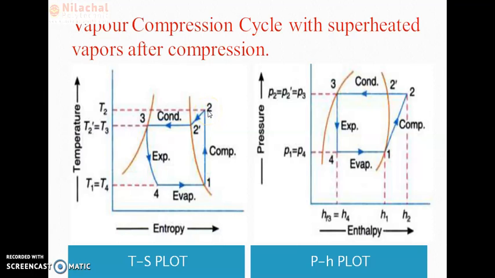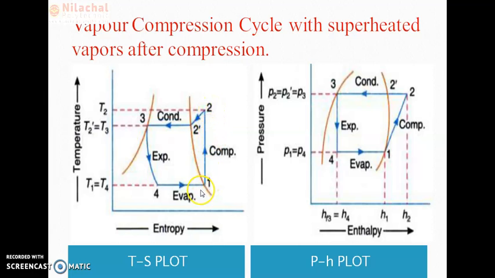Here, what is the coefficient of performance? As I said earlier, the coefficient of performance is equal to the refrigerating effect divided by the work done. Here, 4 to 1 is the refrigerating effect and 1 to 2 is the work done.